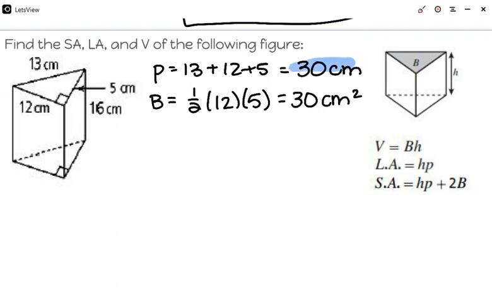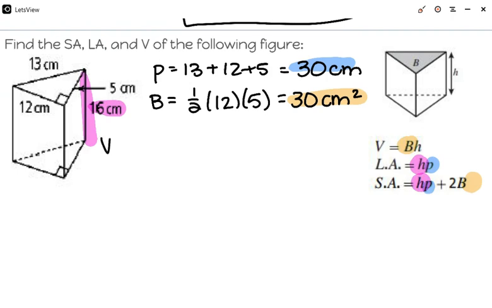So let me highlight where these go in our formulas just so we are extra crystal clear as to where everything's coming from. The last measurement, our height of the actual prism itself, is going to be that 16.